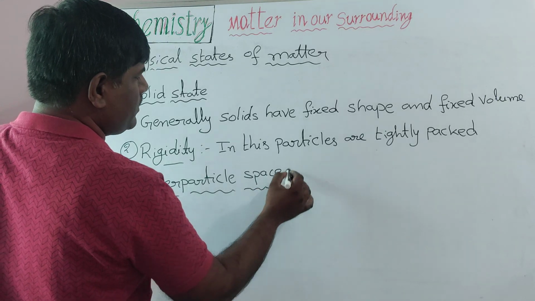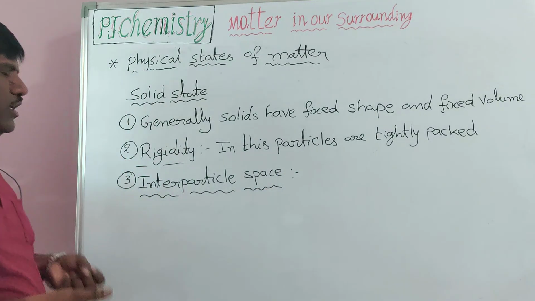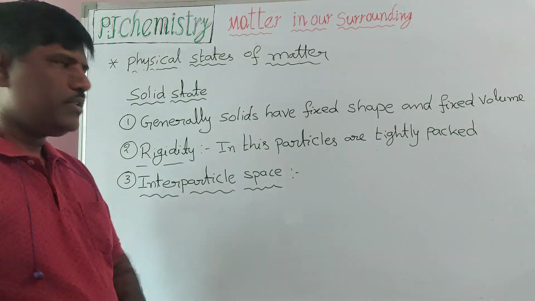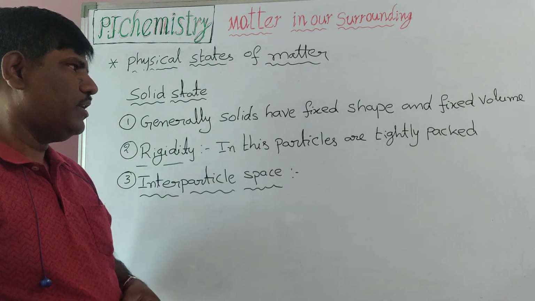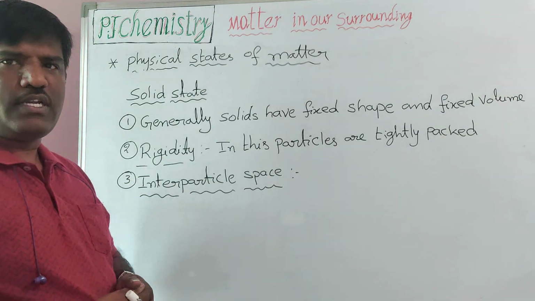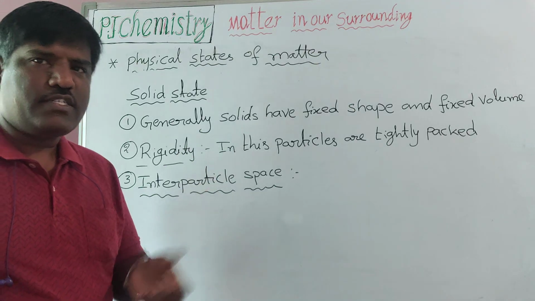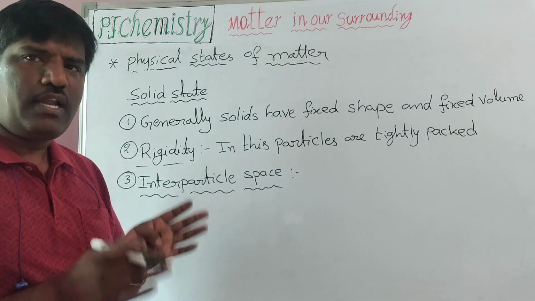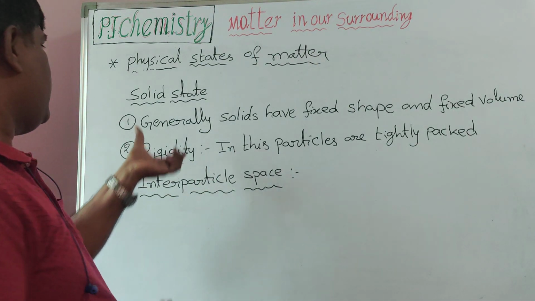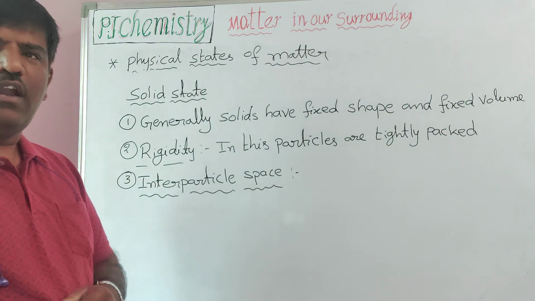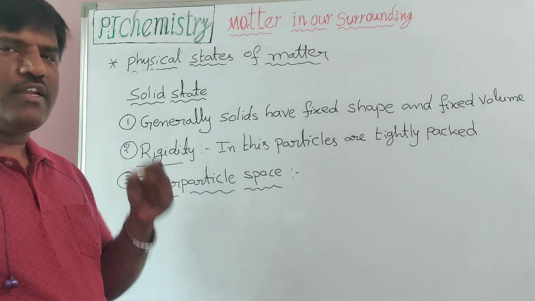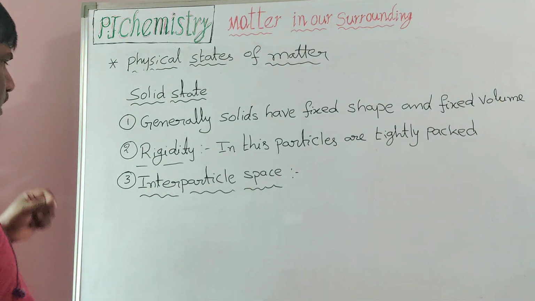Between the particles, the gap, that is why we call it interparticle space. In previous videos we discussed already: when attraction is more, the space between the particles is less. So generally solids have very little or negligible space between the particles.